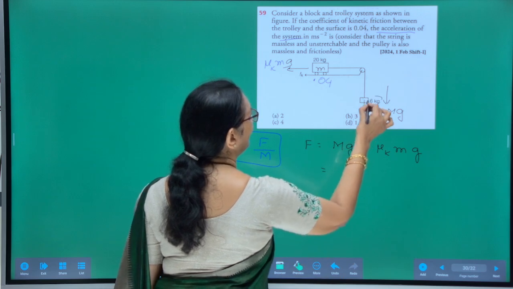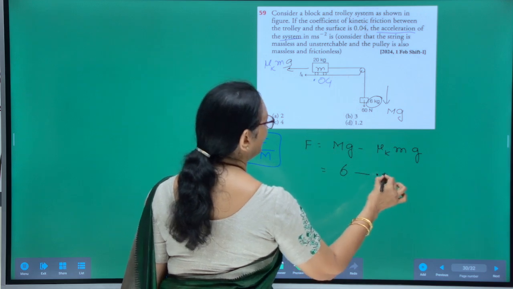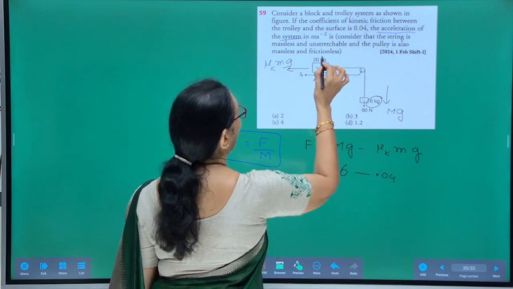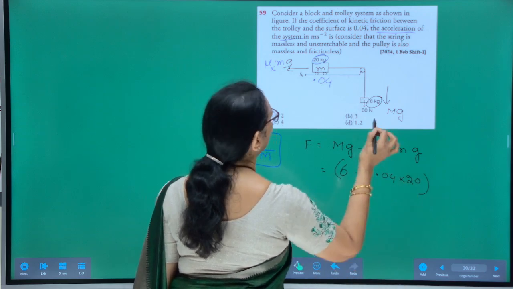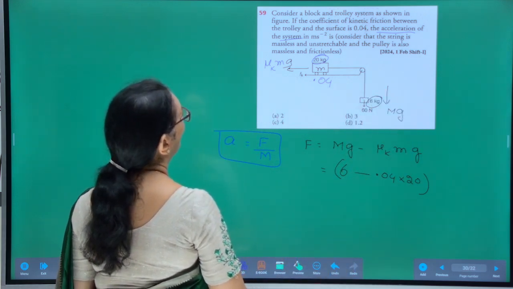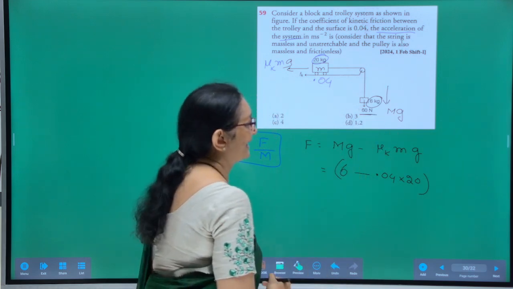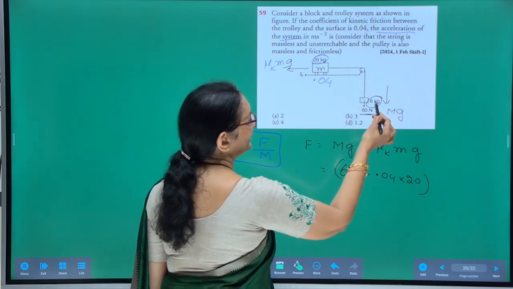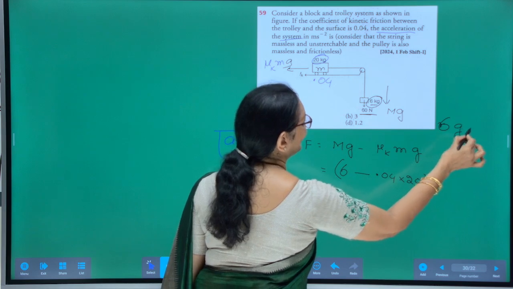Look here, m is 6, 6 minus mu k is 0.04, m is given as 20 into g. Is g given or not? G is not given here. See here, we will take g as 10 because mass is given as 6, weight is given as 60.